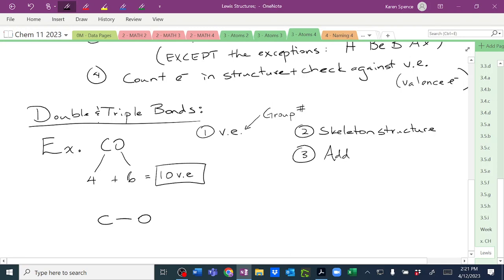What do we add? Lone pairs of electrons until everyone has 8 electrons. So, does carbon need lone pairs?